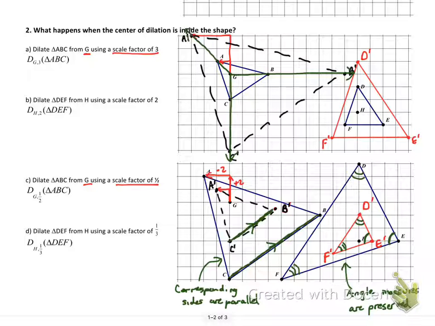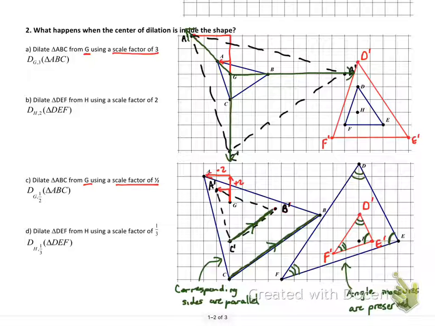The fact that I'm drawing this line is what you're supposed to notice: if I connect the center of dilation through the preimage to the image, they always line up. I'm not going to have this line going from G to A and then A prime is somewhere off of that line. They are always going to fall on the same line.